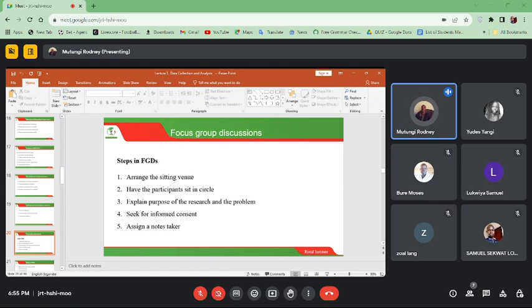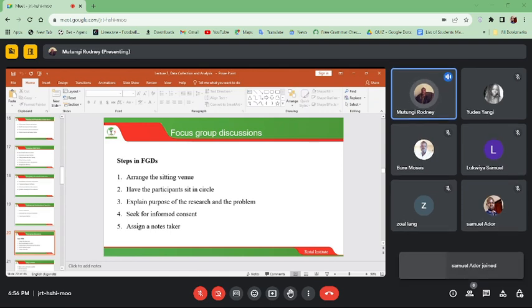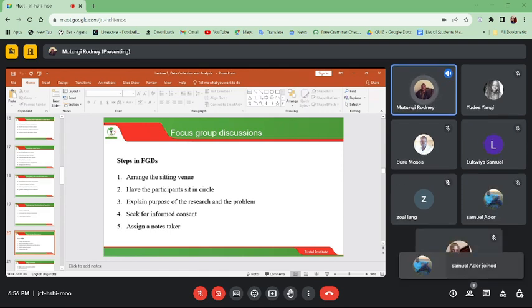Then you seek informed consent by telling them what the purpose of this research is, how their identifiers are not going to be put out there. No name will be given to anyone. How the data is going to be important in making decisions that will be helping them. If there is compensation for their time, you also tell them that we are going to give you this money for the time that we have spent.